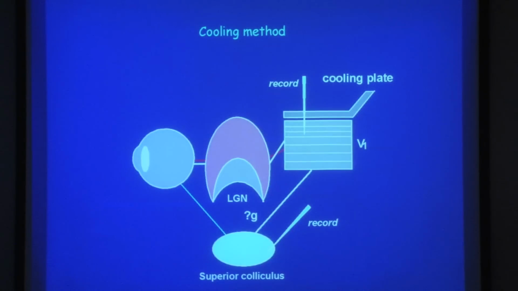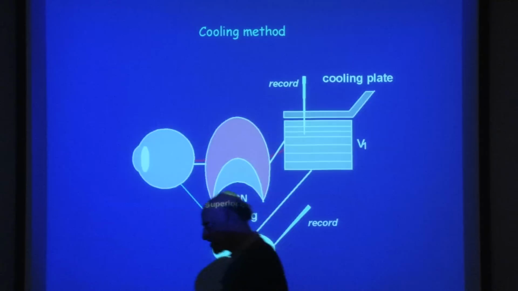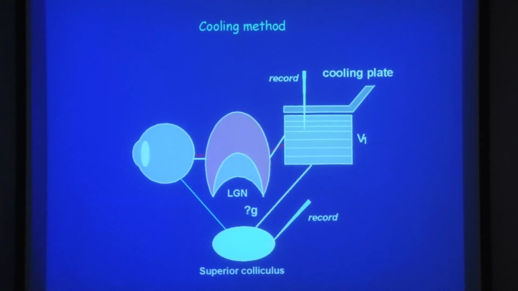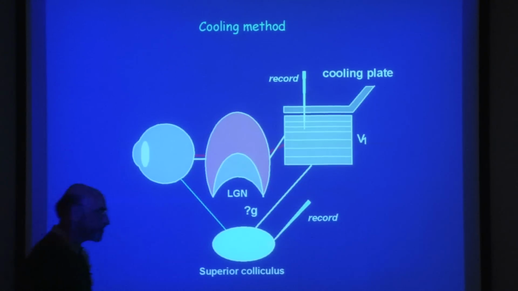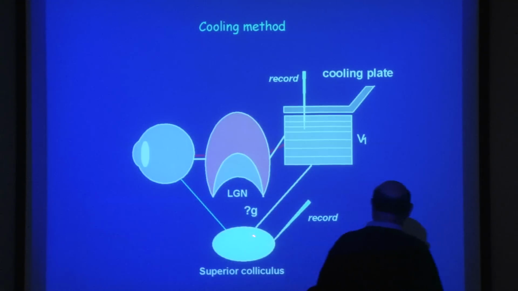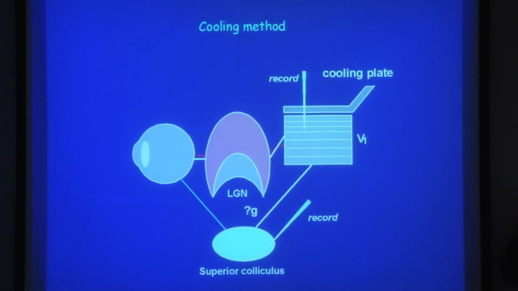Now we can expand on this basic procedure. What we can do is record from the superior colliculus, and then eliminate the input from the cortex by cooling it. That's one approach. You record from a cell here, you drive it by electrical stimulation and by visual stimulation.